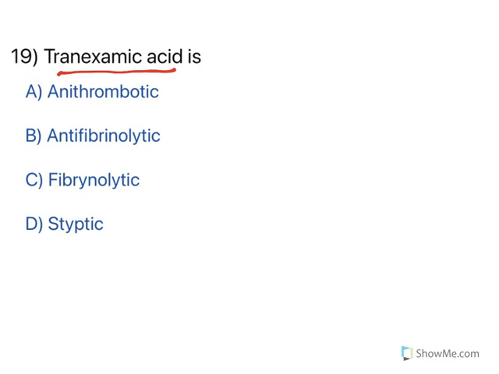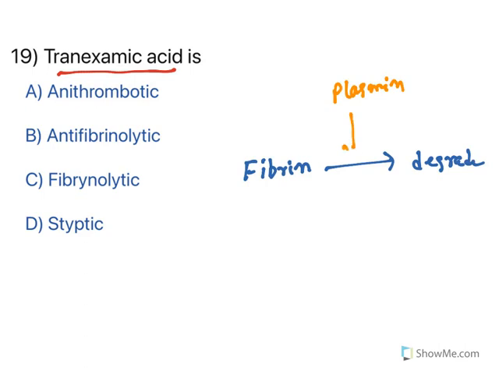Tranexamic acid is. We need to understand a little bit of physiology for this. Now see, fibrin mesh causes clotting, but fibrin will be degraded with the help of an agent called plasmin. So plasmin is what causes fibrin degradation. Plasmin comes from plasminogen.